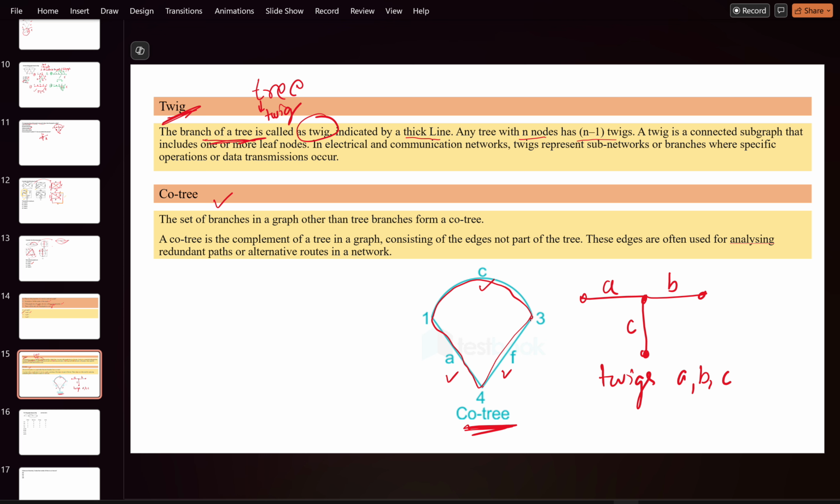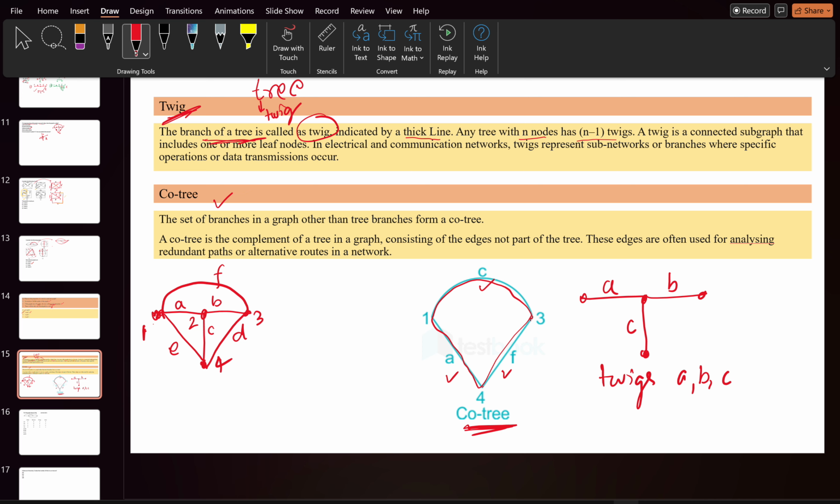Suppose I am taking one example like this. Suppose this is a graph, and the nodes are 1, 2, 3, 4, and the branches are A, B, C, D, E, and F. And I want to draw a tree basically.